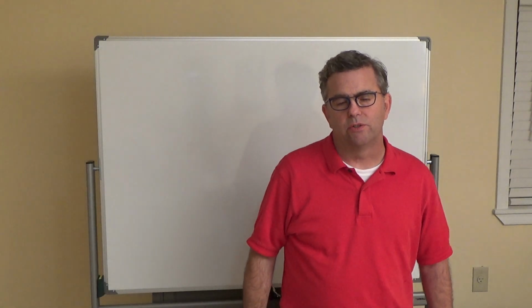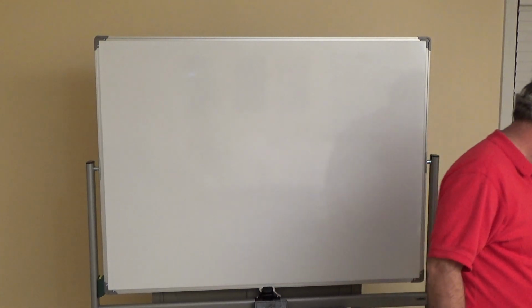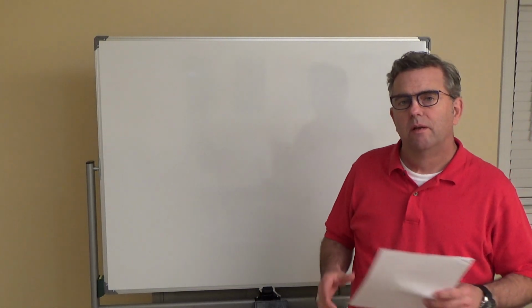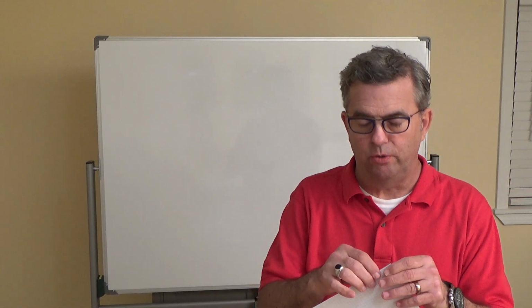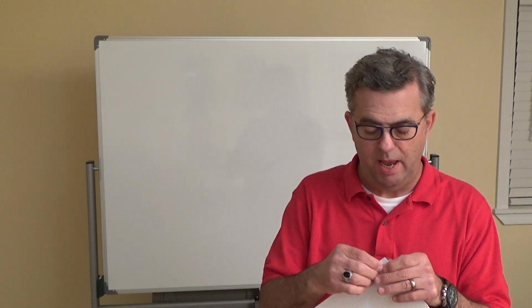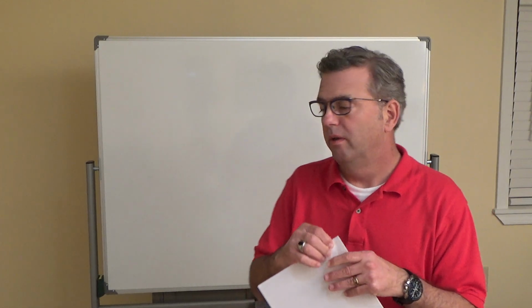Okay, so this lecture is going to be over the magnetic vector potential. What I'm going to do is develop a potential for the magnetic field just like we have with the electric field.